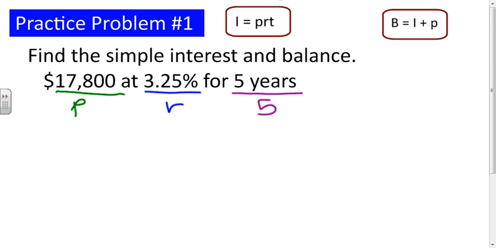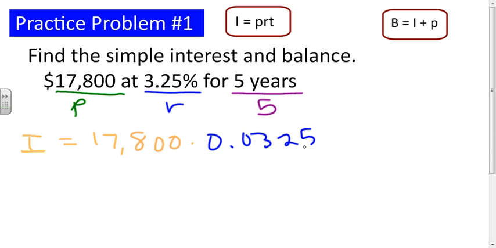So first, I just want to find my interest, and that is equal to 17,800 times my rate times my time. And when I multiply all of this out, I am going to get $2,892.50.